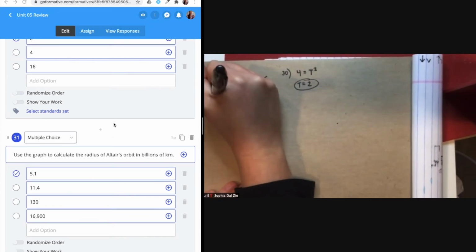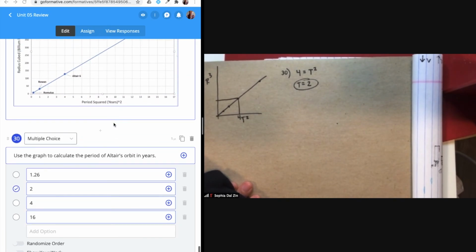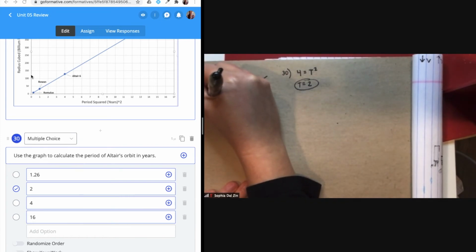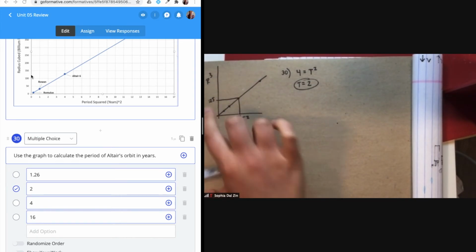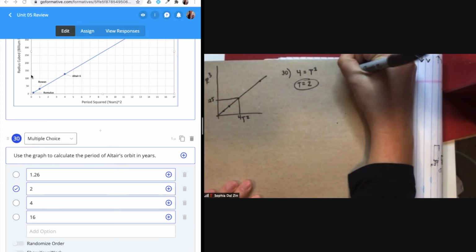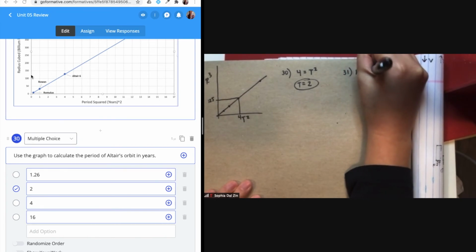I'm going to pull this line over to the left and read the value off the chart. It looks like this radius is about 125, but that's not really radius. It's radius cubed is equal to 125. So for 31, radius cubed is equal to 125.